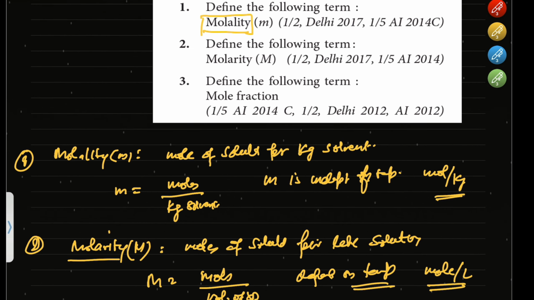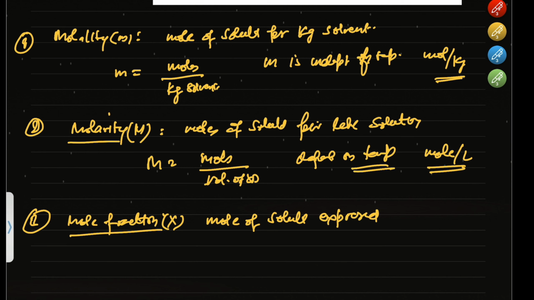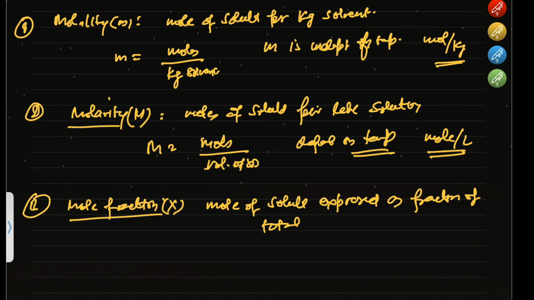Define the mole fraction. Mole fraction is represented by x. Moles of component expressed as a fraction of total moles. The mole fraction of component A is moles of A upon total moles.